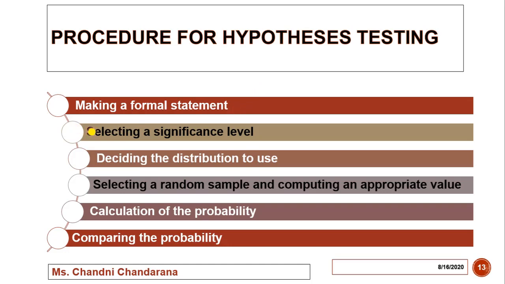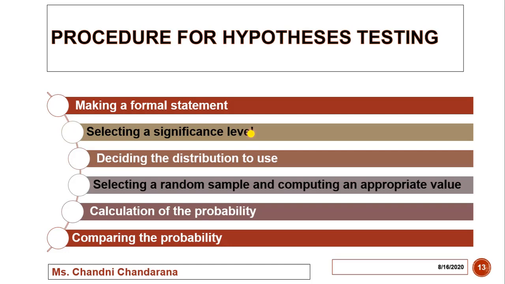After that, selecting a significance level. As I have discussed, the probability value, the hypotheses are tested on a predetermined level of significance. As such, the same should be specified. Generally, either a 5% or 1% level is accepted for this purpose.